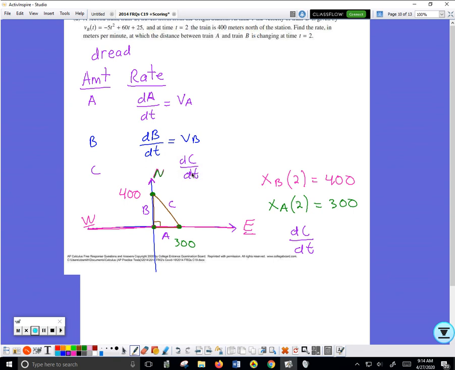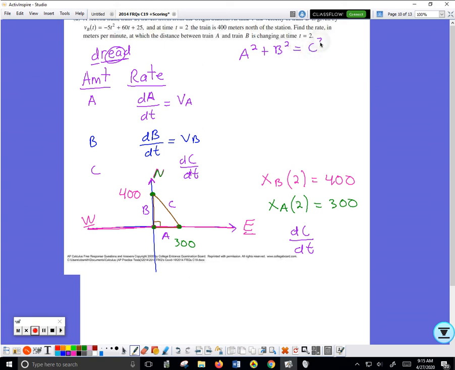So we've got the Danica's chart, we've written down the rates we read about. We need an equation that involves our amounts. That's the Pythagorean theorem. So we have a squared plus b squared is c squared.